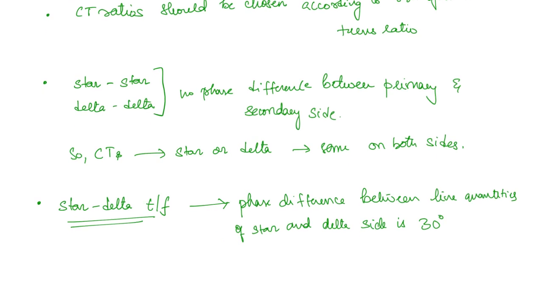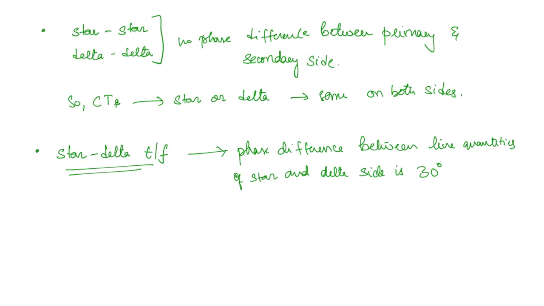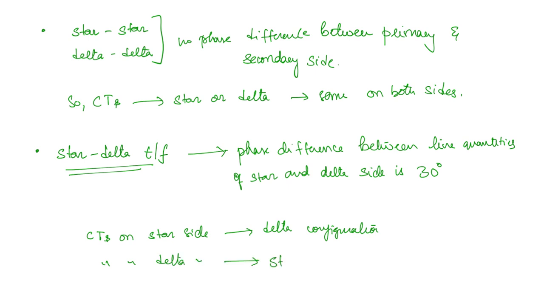So what to do in this case is, the CTs on the star side will be connected in delta configuration, and the CTs on the delta side are going to be connected in the star configuration. This is how the 30 degrees phase shift can be nullified and they can be compared for proper protection.